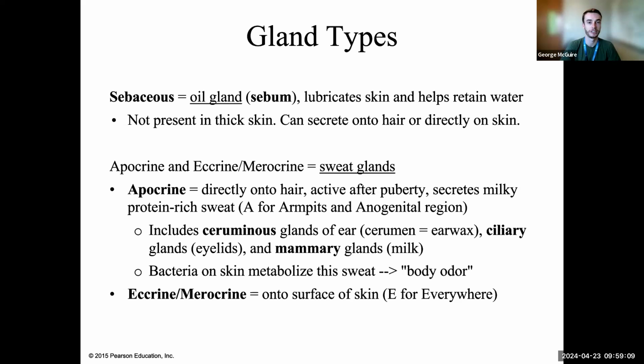Ciliary glands secrete just a different version of the sweat, a more oily version of the sweat onto our eyelids to help with lubrication and allow our eyelids to easily open and close and protect our eyes. And then mammary glands secrete an even more protein-rich version of that apocrine sweat that we call milk. So milk is just sweat. Linger on that for a bit.